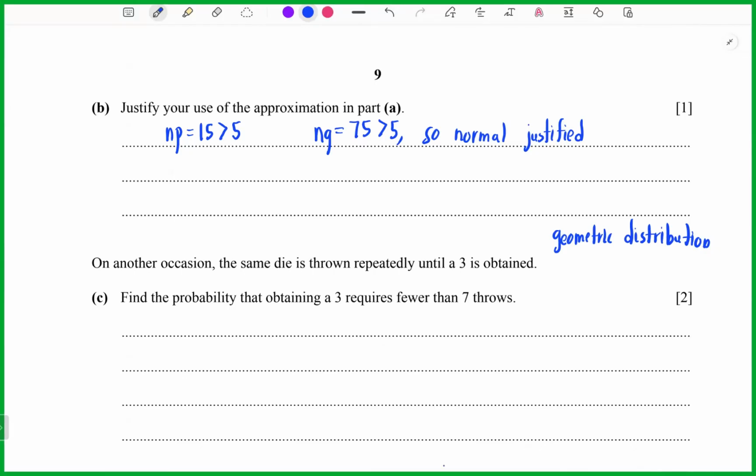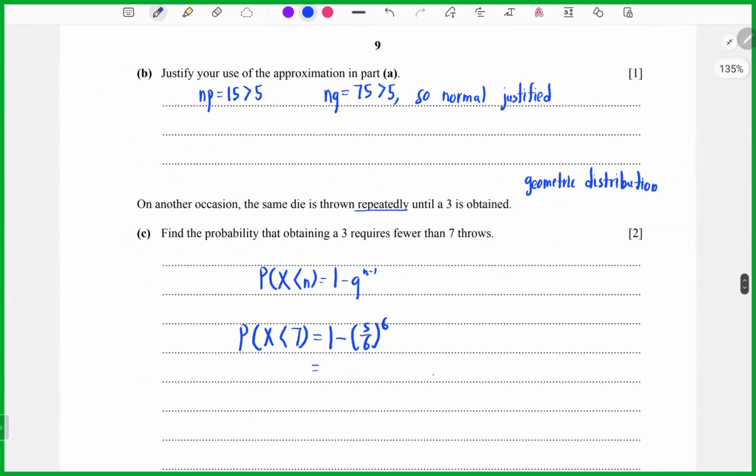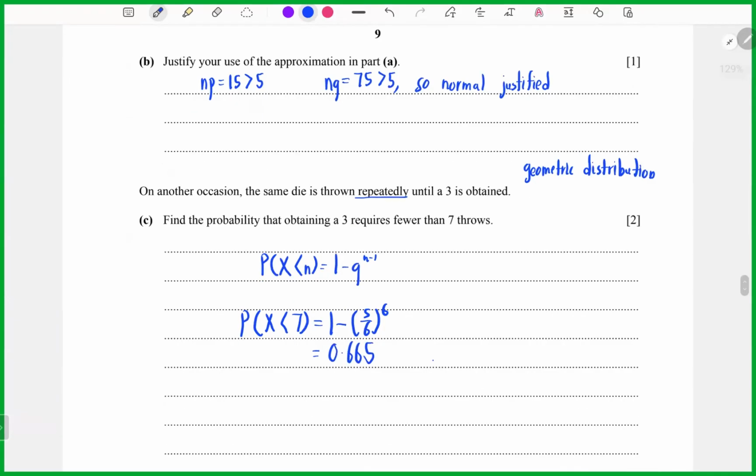Because this is a geometric distribution, the q here is 5 over 6, so you can write this formula first. Now you can take P(X less than 7) equals 1 minus (5/6)^6, so you will get the answer 0.665.